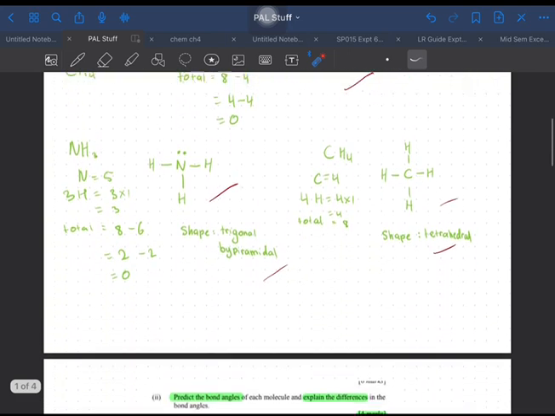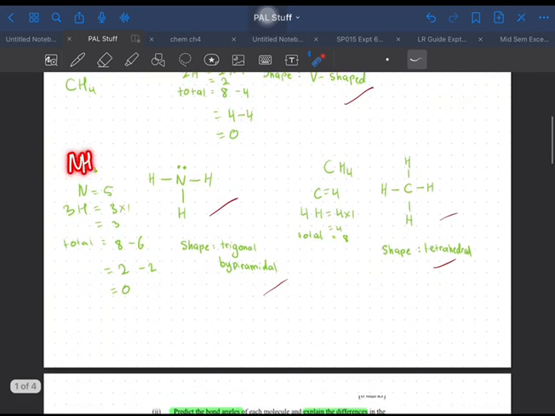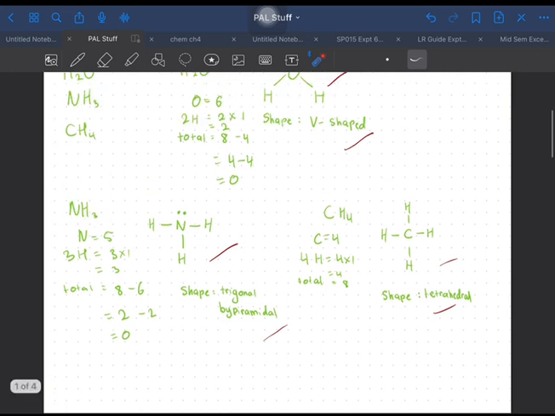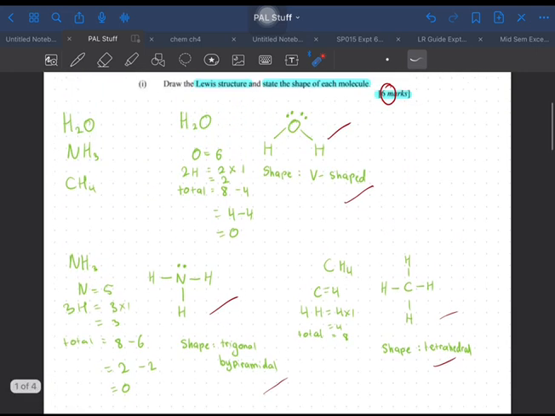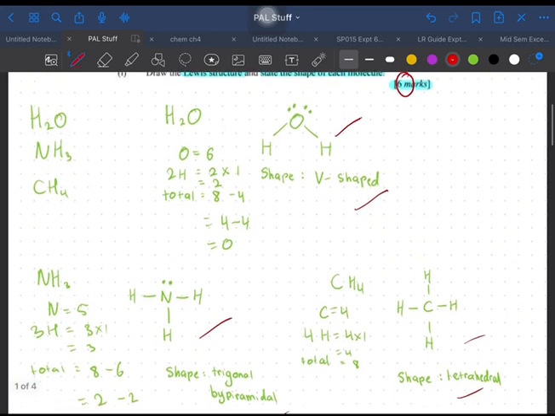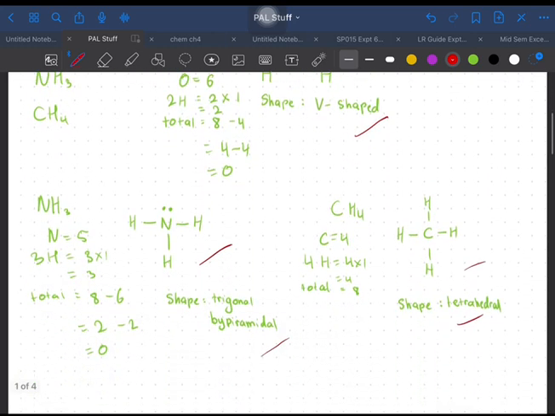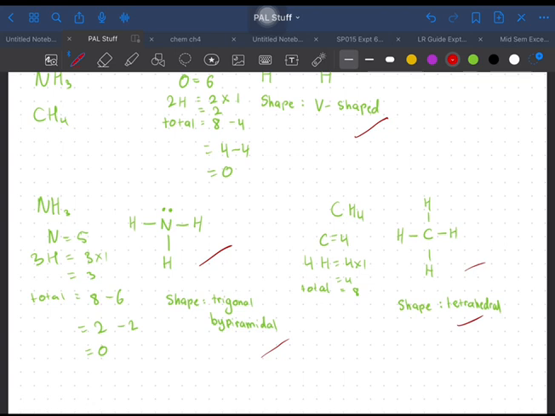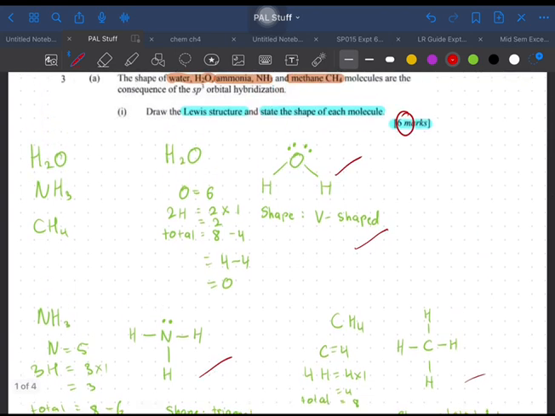Next, for NH3, we do the same thing. Let me write it down. First, write the formula.